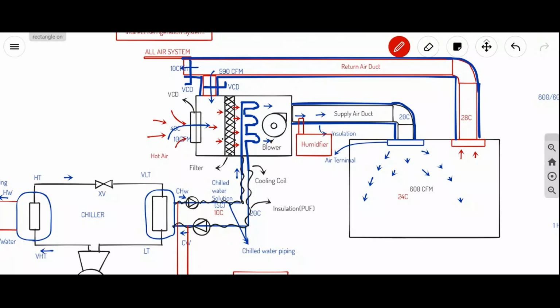Yes, tell me. Sir, we are calling it all air system, but in the whole system we are using water. So why are we not calling it an all water system? We'll tell. Next, when I teach you the air water and all water system, then you can find the difference.